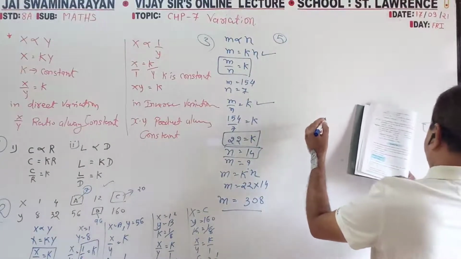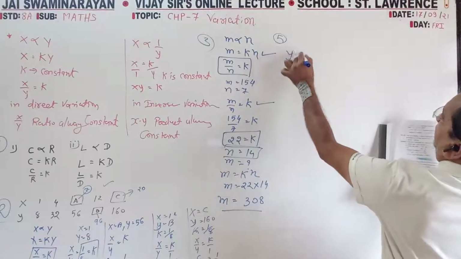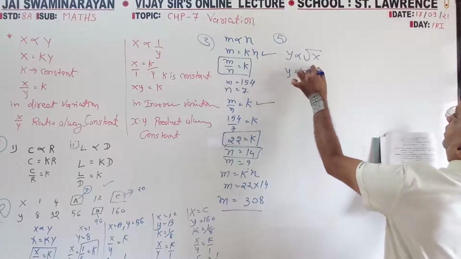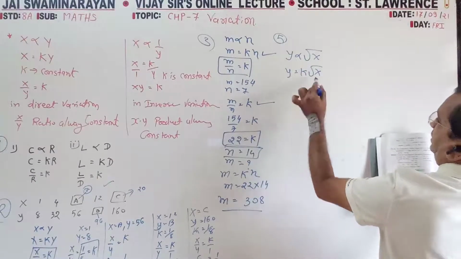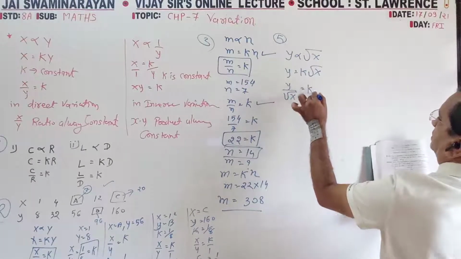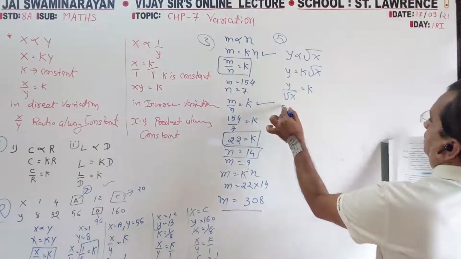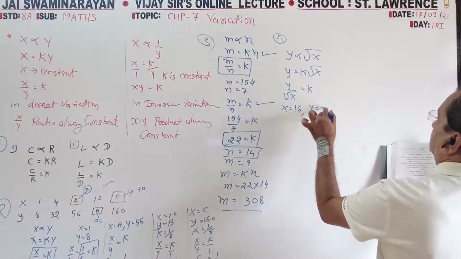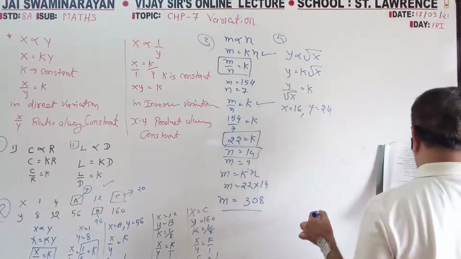Y is directly proportional to the square root of X. So Y is K into root X. Y by root X is K. X is equal to 16. Y is equal to 24.